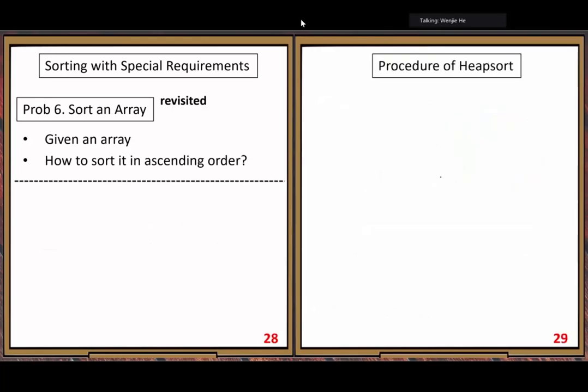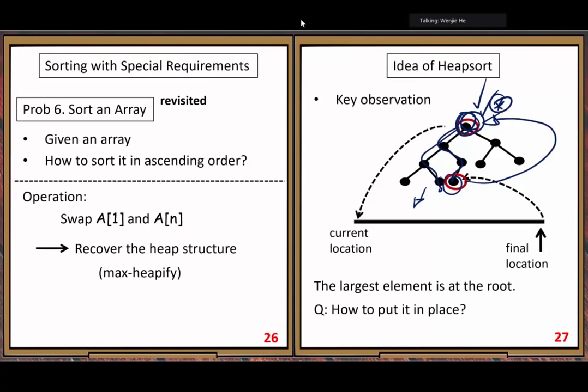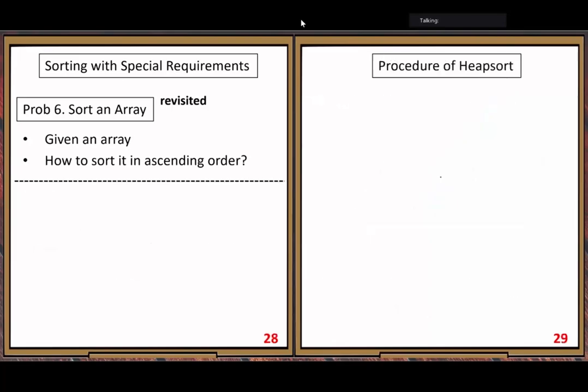After that, we do recursion. So we can complete the whole process. All right. Procedure of heap sort, iteration.